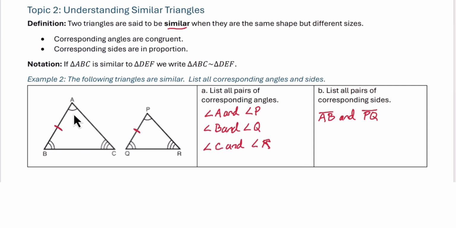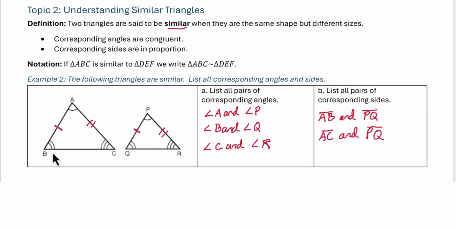Similarly, between the one arc and the triple arc, we can say that side AC and side PR are corresponding.